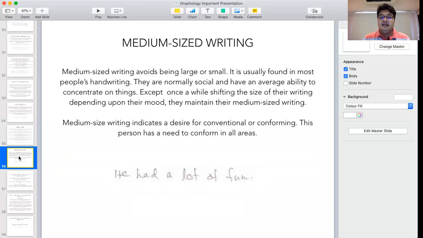Medium sized writing indicates a desire to be conventional or conforming. This person has a need to conform in all areas. Everything in their life has to follow a set structure or pattern, everything should be accepted, everything should be absolutely approved.